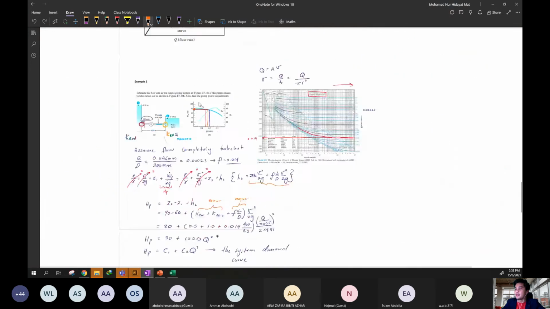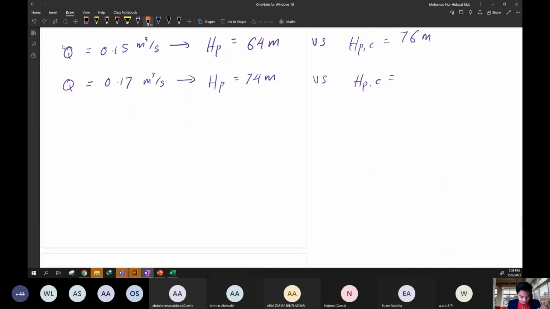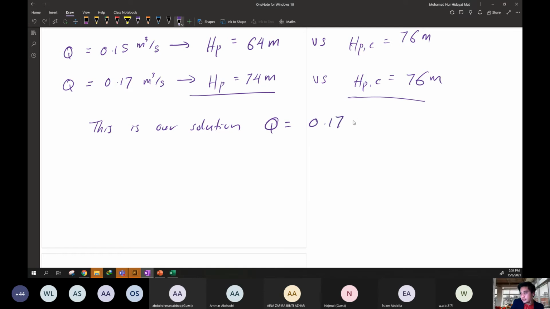So you will find it is, sorry, it is 76 meter. So you can see the try and error until iteration 2 is almost close to this one. Alright, so this is our solution, where Q should be selected to be 0.17 meter cubic per second.